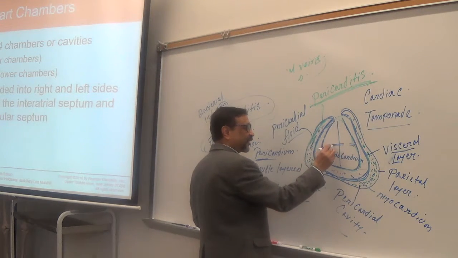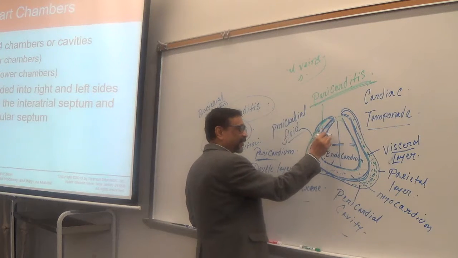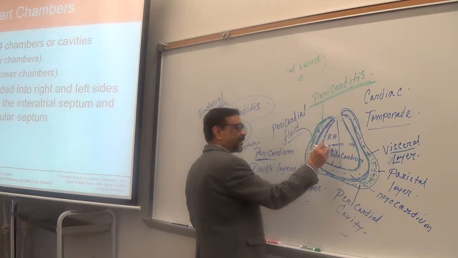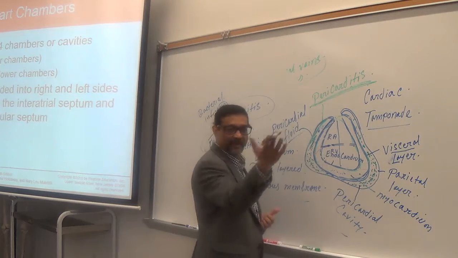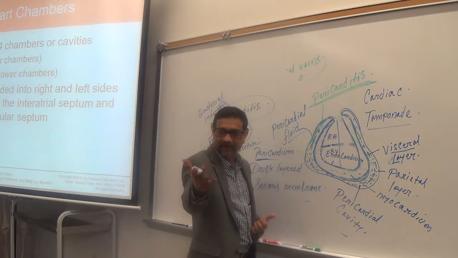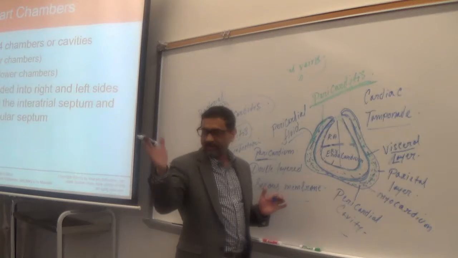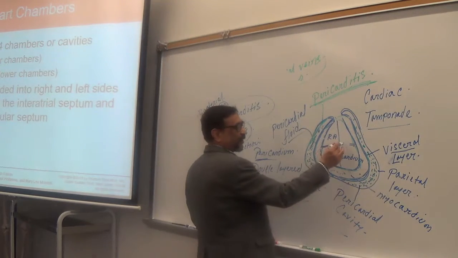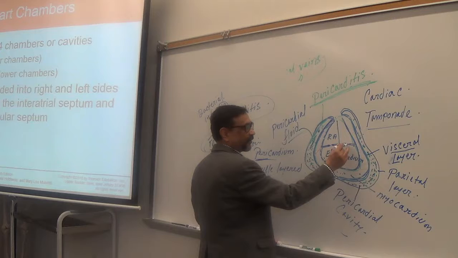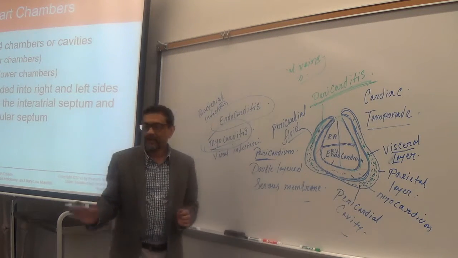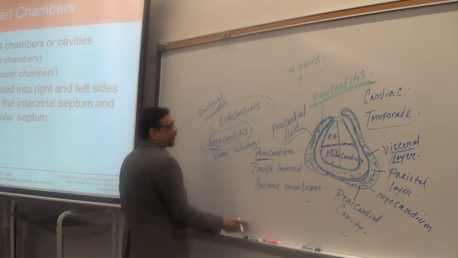One set is here, you see, between right atrium and right ventricle. This is called right atrioventricular valve. Makes sense? Between atrium and ventricle, atrioventricular or AV valve. Is it clear? AV valve. And this is what? Left AV valve. Makes sense?